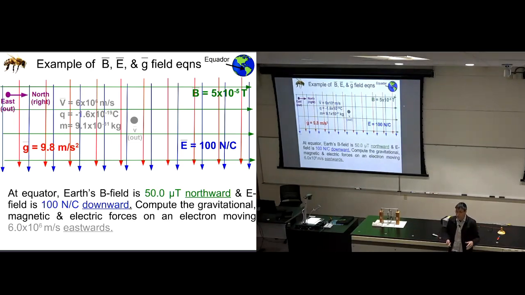So we're going to take those fields, where we're told the values of the fields, and calculate the corresponding forces on a charged particle. This is on an electron moving at a certain speed in the neighborhood of the Earth. We're going to calculate the gravitational, magnetic, and electric forces on an electron that we're told has a speed of 6 million meters per second and is traveling eastward. So that's our plan.